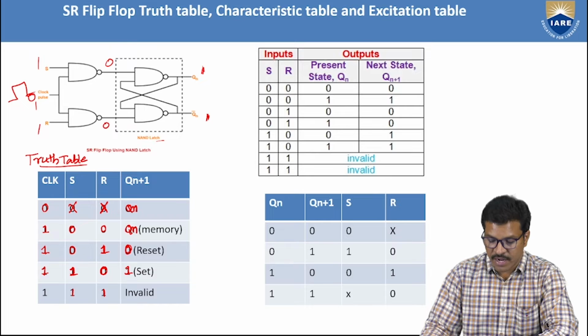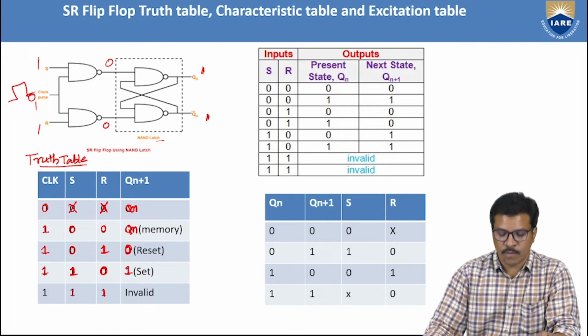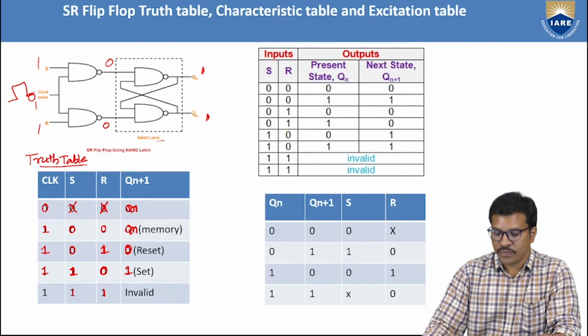So the main difference between the truth table and the characteristic table is that we will get the next state and present state for all the combinations of S and R.